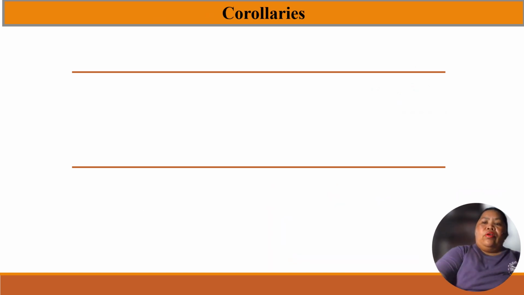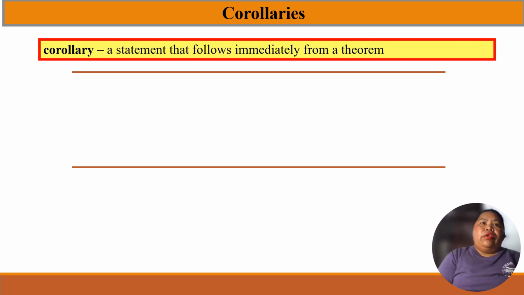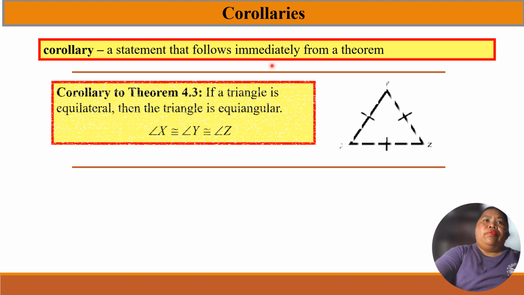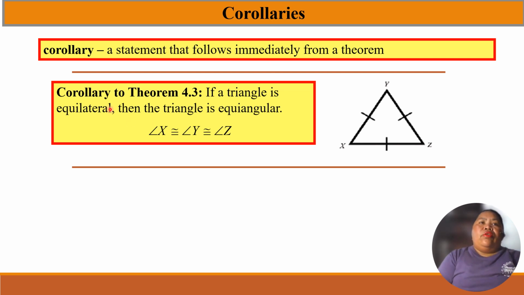Okay, so we have corollaries. A corollary is a statement that follows immediately from a theorem. Corollary to theorem 4.3: if a triangle is equilateral, then the triangle is equiangular.